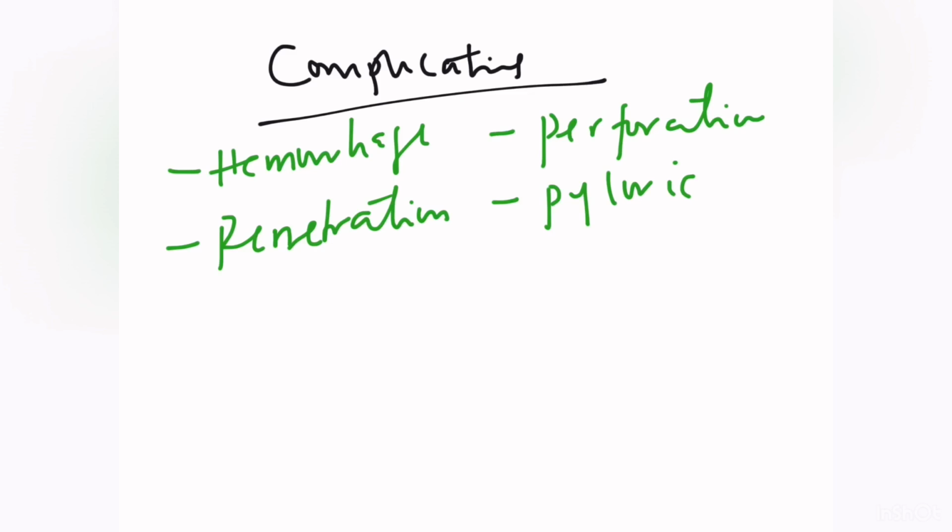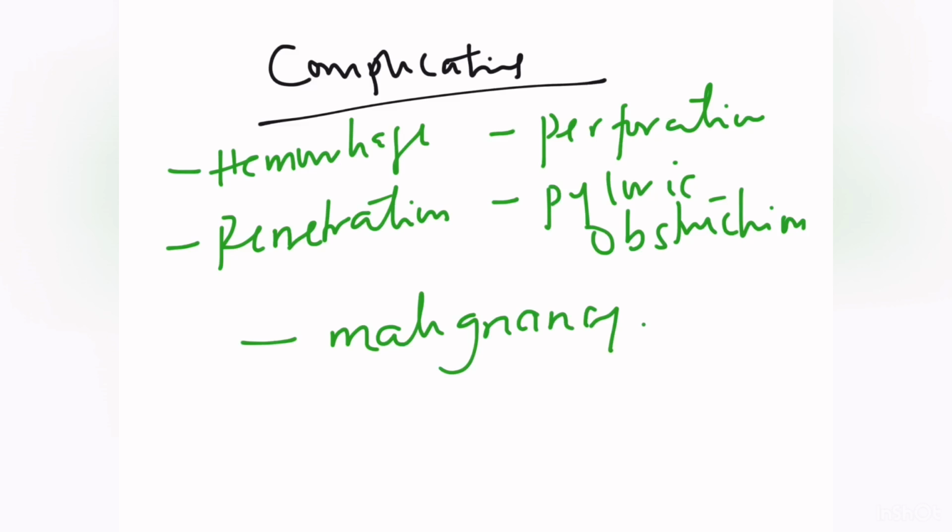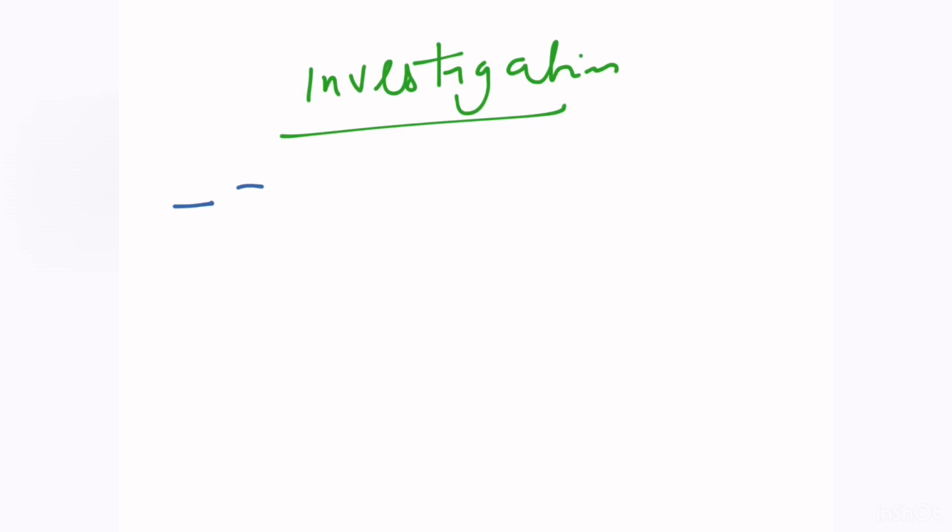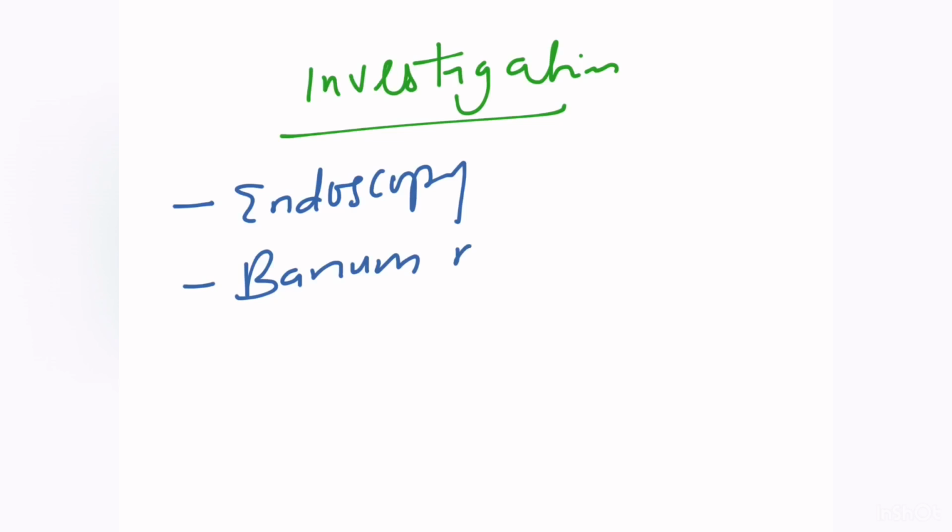We have pyloric obstruction too, and finally malignancy. How can we investigate a patient with peptic ulcer? The investigations include: number one, we have the endoscopy, a barium meal, and finally test for H. pylori.